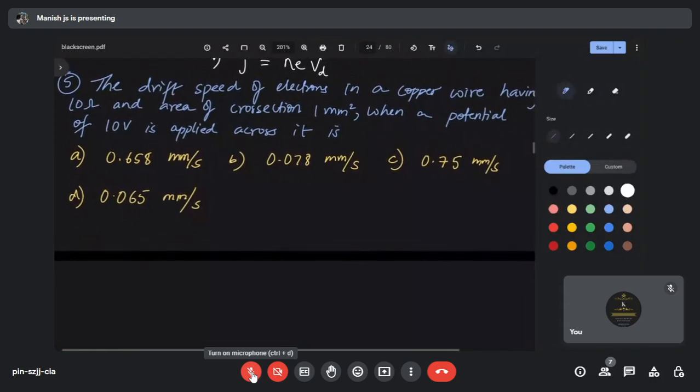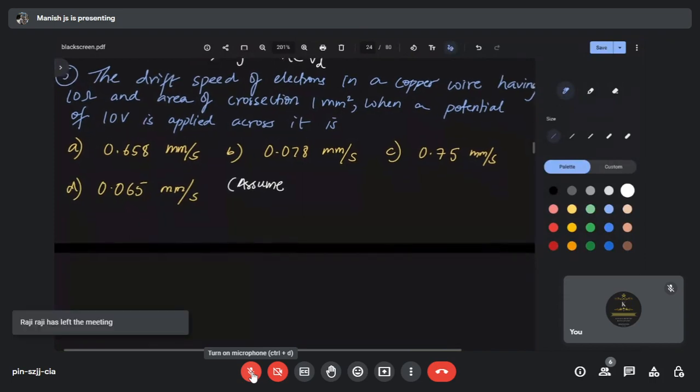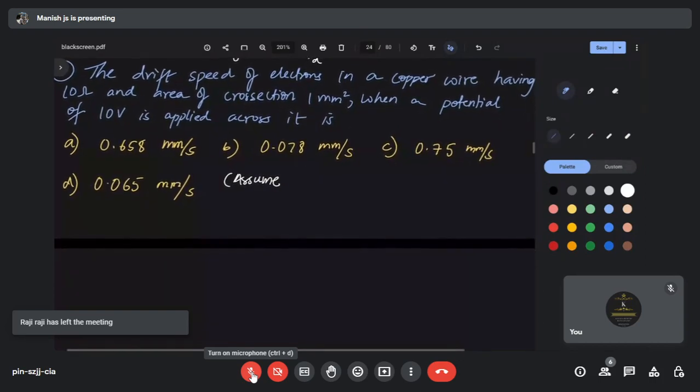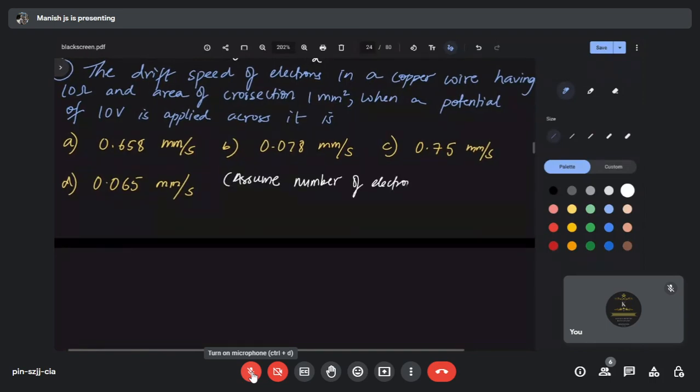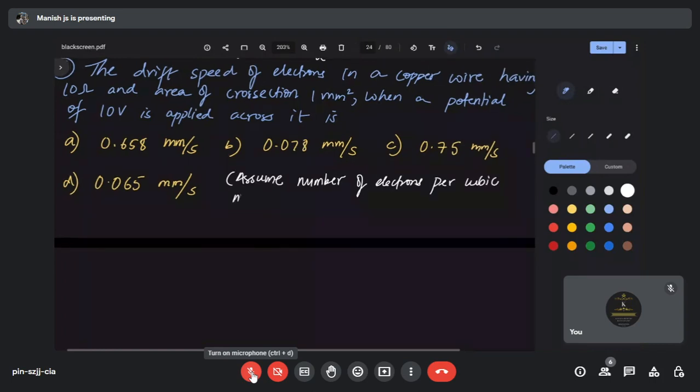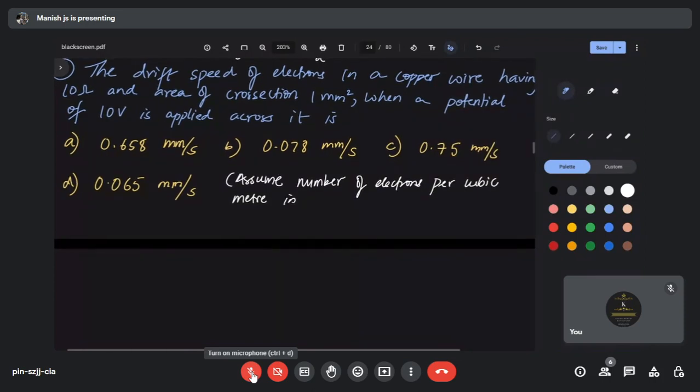Okay, and you assume, small assumption based on the given question, assume number of electrons per cubic meter in copper is 8 into 10 to the power of 28 electrons.